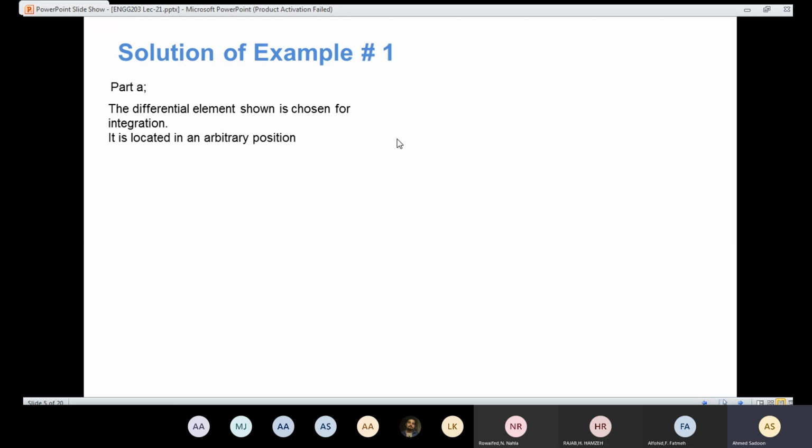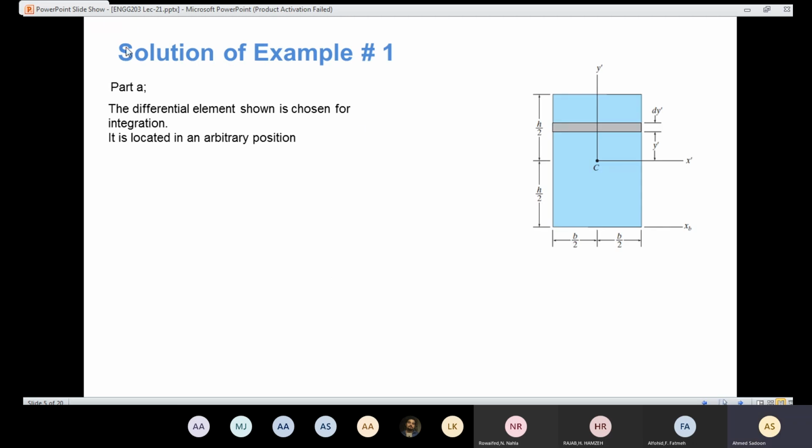So let's start with the first part. In the first part, we need to develop a differential element for integration. So here we are going to choose a differential element. It could be at any distance. Could be here or there or there. So at a random distance, we are going to call it y hat here. At y hat, we have a differential area.